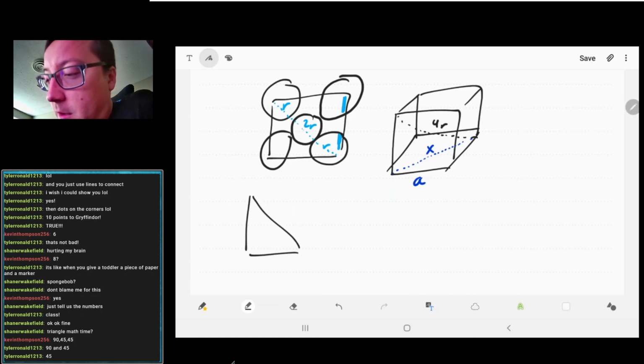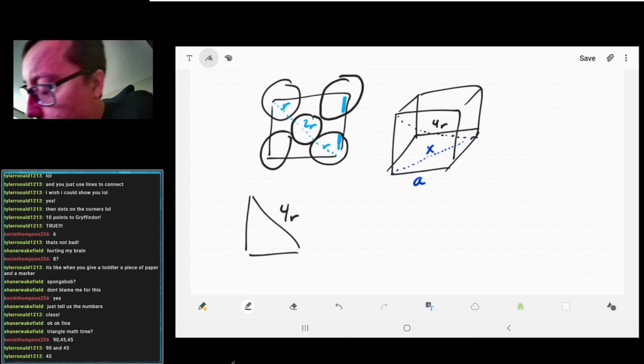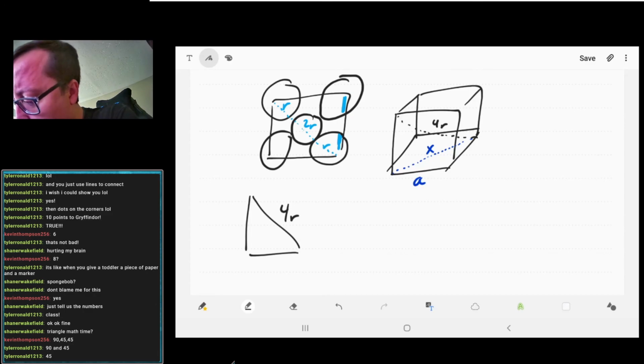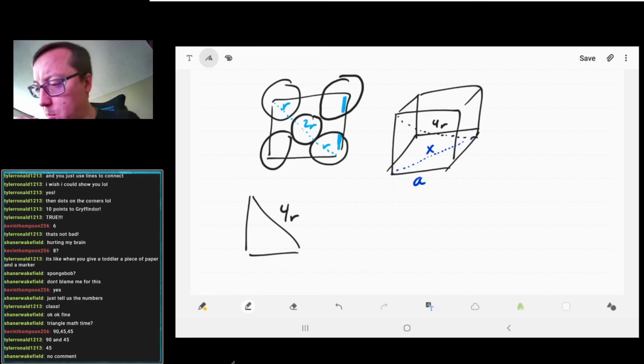So this one here is our 4R. But something's gone wrong here. This is not a 45, 45 triangle that I've drawn. Where's the 90? Is it just because my drawing is ugly? I think so. Because if this were the case, we could just solve for A directly, and that's not how this works. Oh no, I've been stumped on geometry.